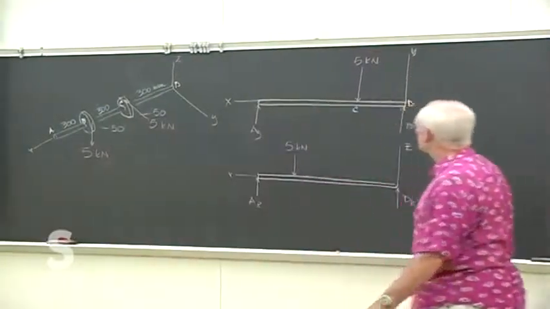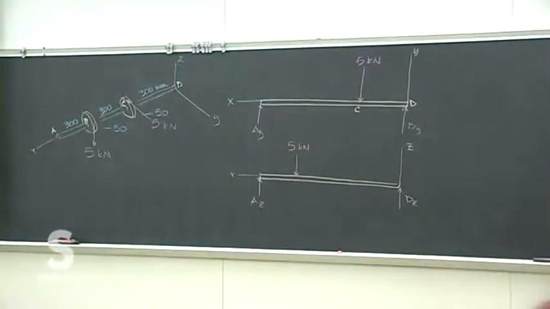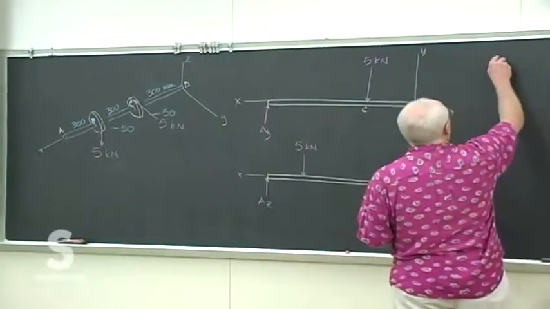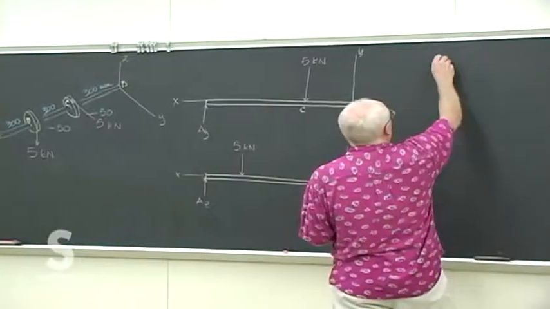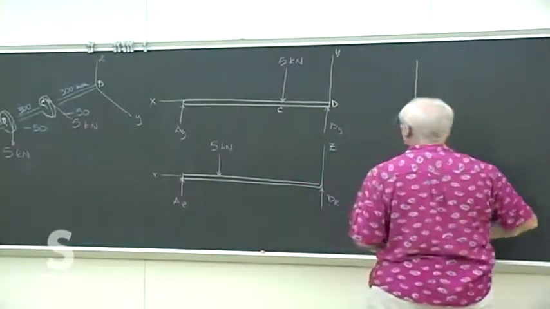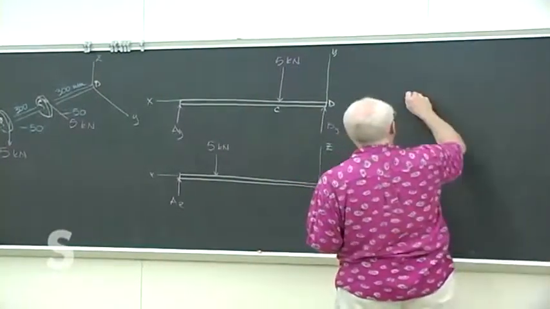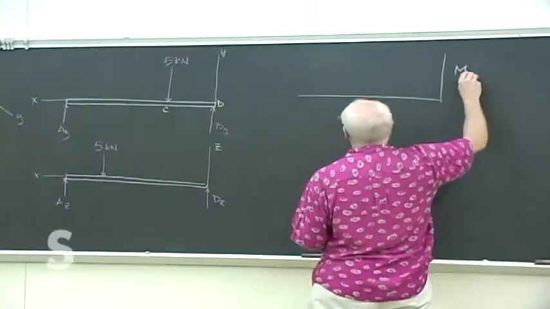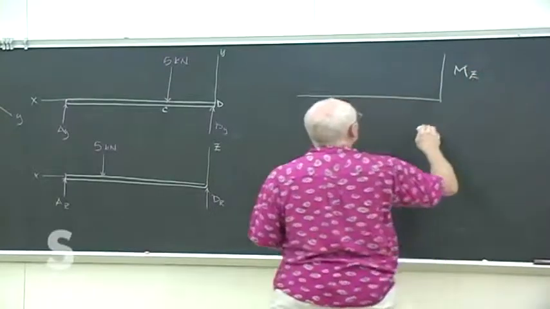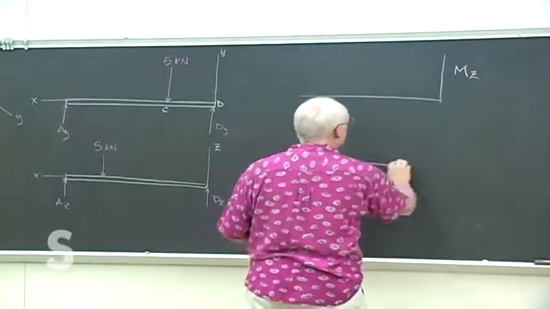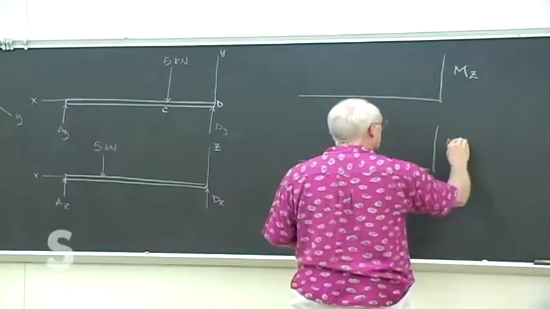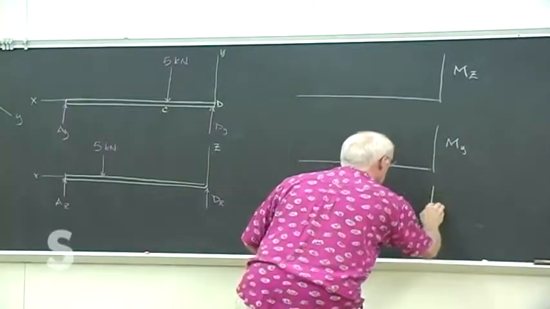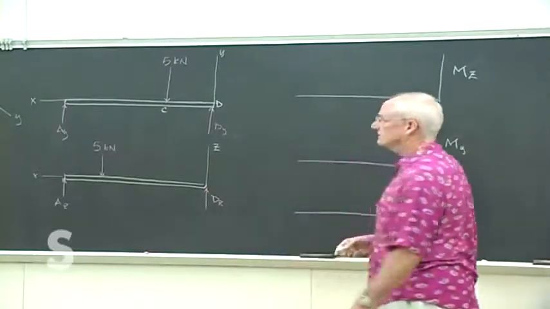In the same way that we did with the other drawings. And then you want to do the moment. Well, it might be easier if we keep them in the same direction. Find the z moment. The y moment. And then the torsion at each of those gears.